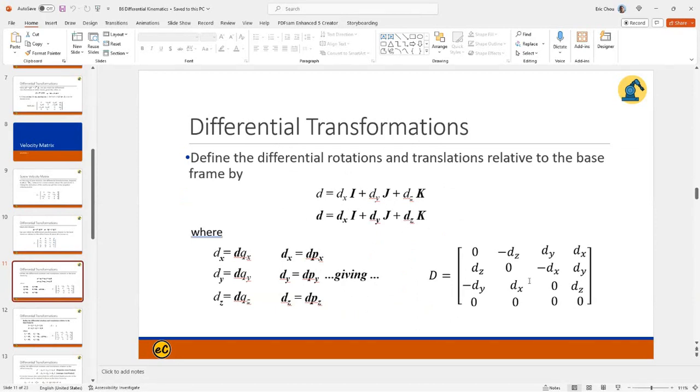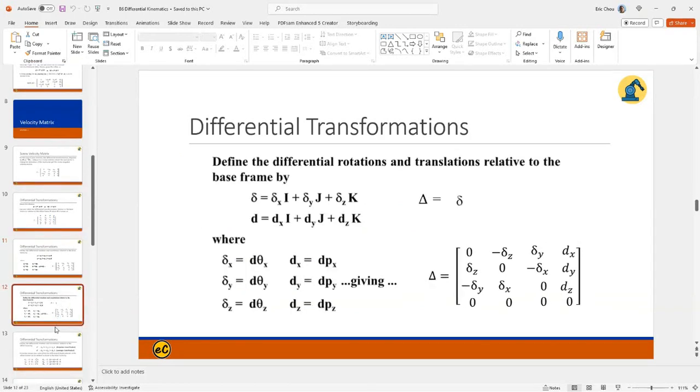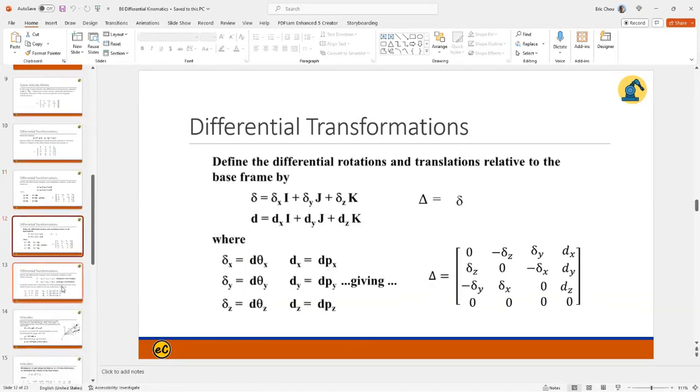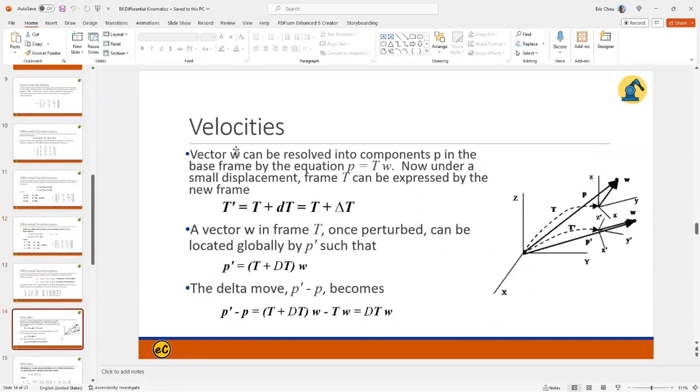You take the partial derivative of each one of them, and you will get a long calculation, and then you will find out the velocity change will have such equations.